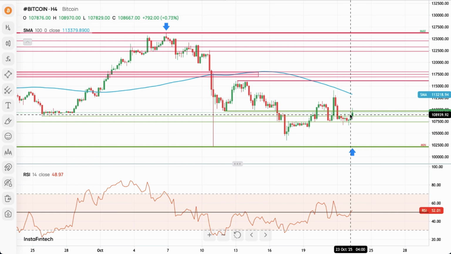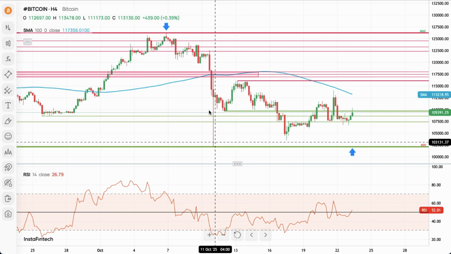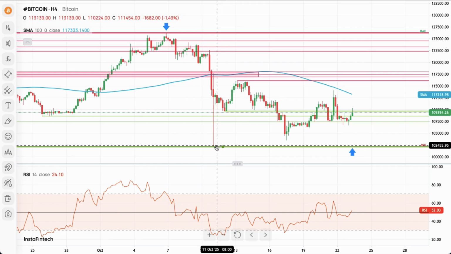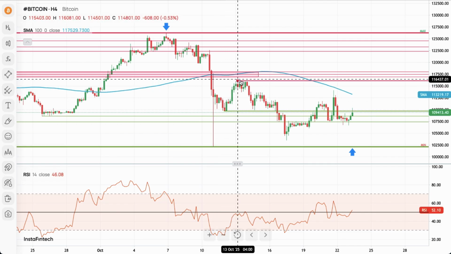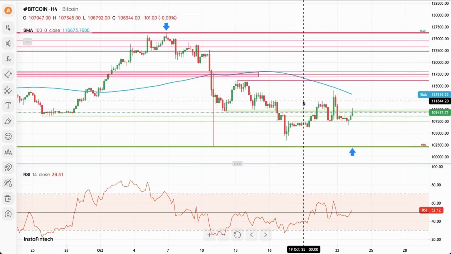Right now on Bitcoin, as I said, when we go very fast down, like from the all-time high down towards this level here, 102,000, so it's over 10% correction, then the market obviously will bounce and then will start to move sideways, right?